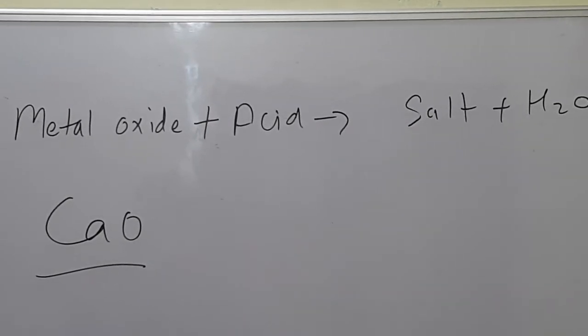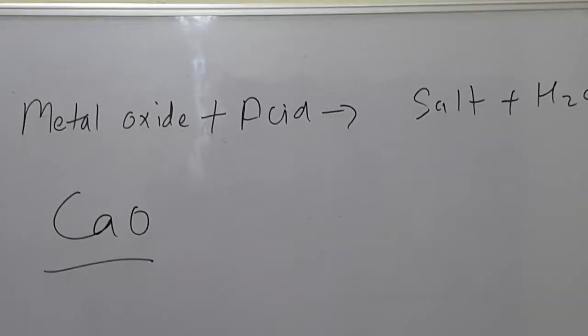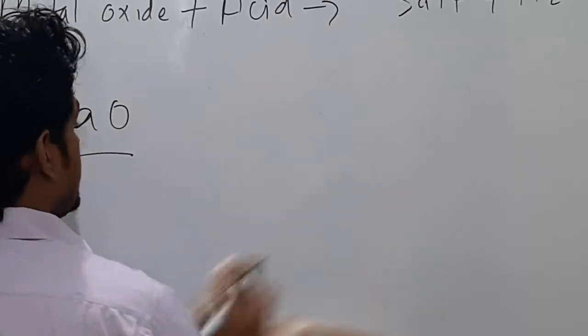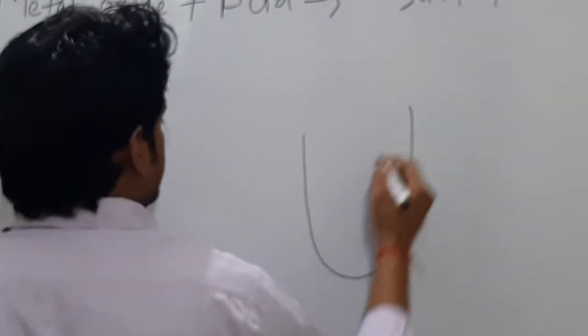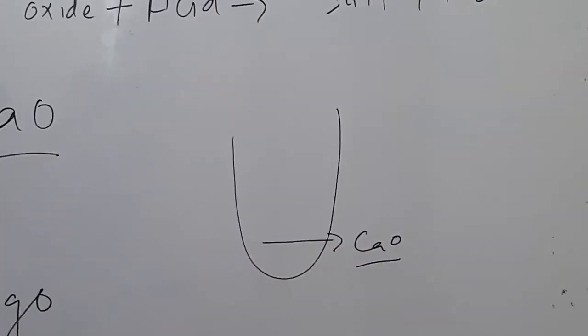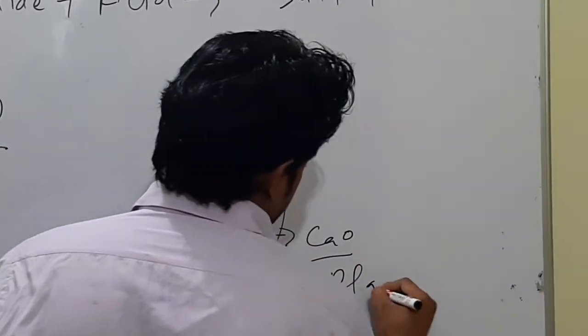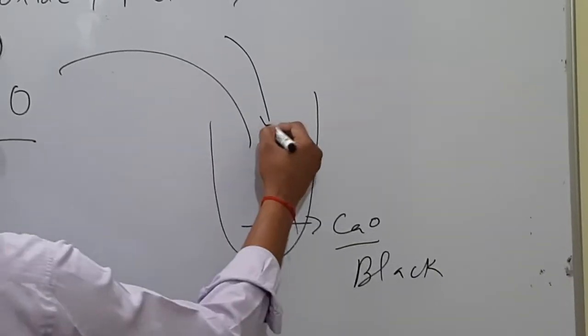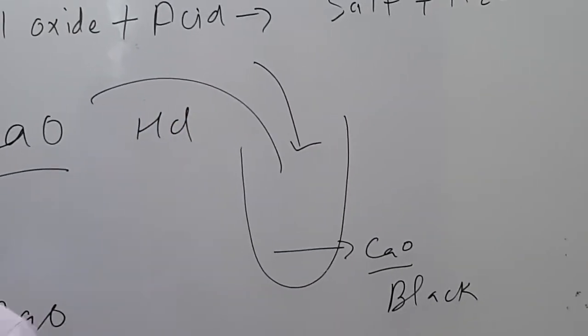Let's do one experiment. Experiment करते हैं. Suppose we take a tube and it is having CaO, calcium oxide, and the color of it will be black. इसका color क्या होगा? Now add an acid. Acid डालते हैं, that is HCl.